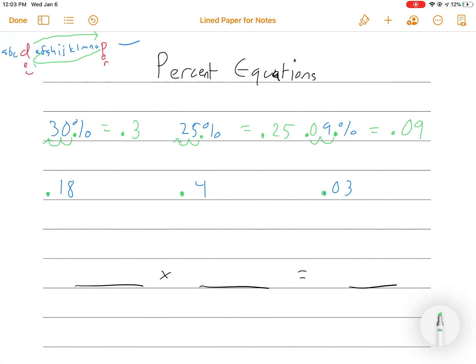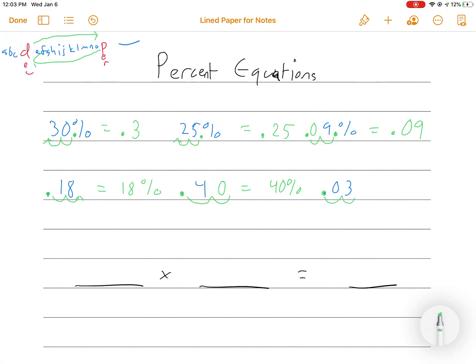All right, then we have a bunch of decimals that will turn into percents, and we're just going to go the other way. We move this decimal right 1 spot, 2 spots, and it's 18%. We have another decimal, 0.4, that we move 1 spot and then 2 spots again. We have to make up a 0 there.